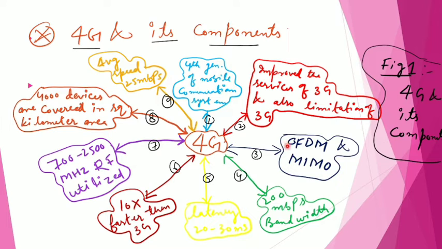Next component: in 3G, CDMA, code division multiple access, is used, but in 4G the OFDM system is used, orthogonal frequency division multiplexing. In 4G OFDM, the carrier signal is divided into sub parts.